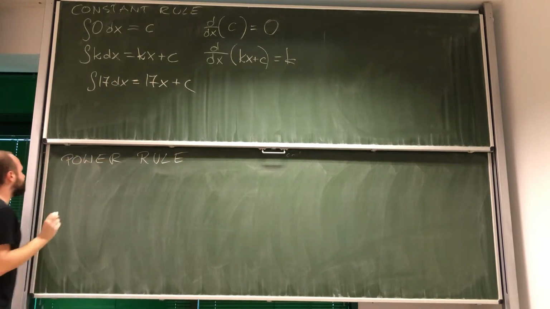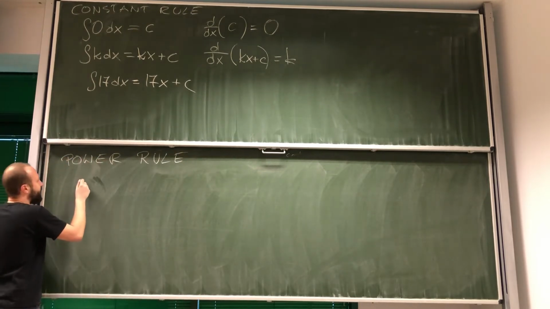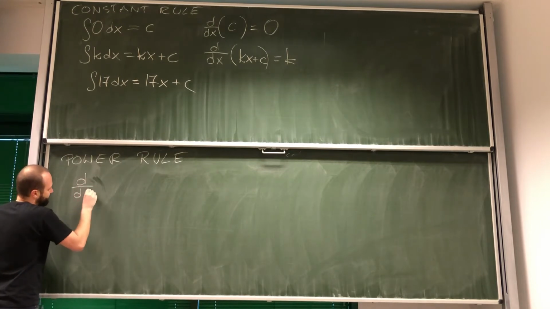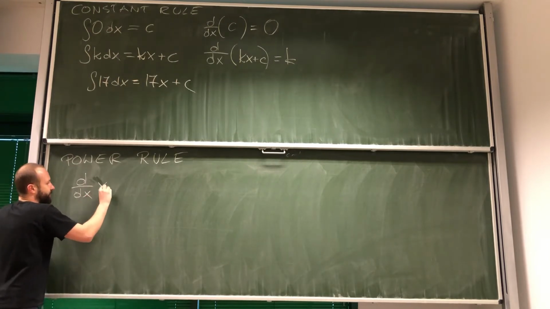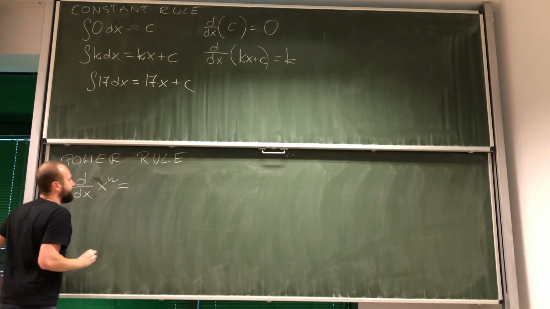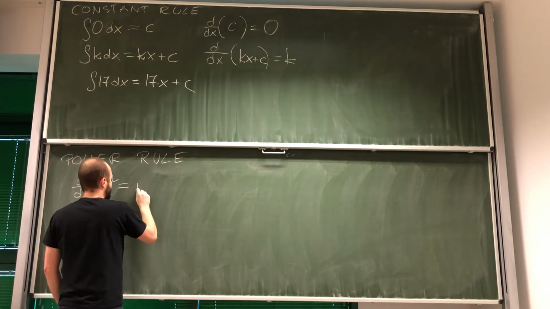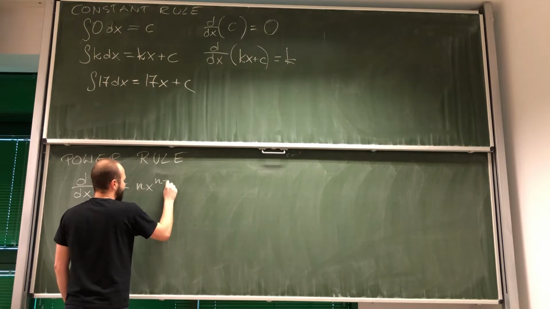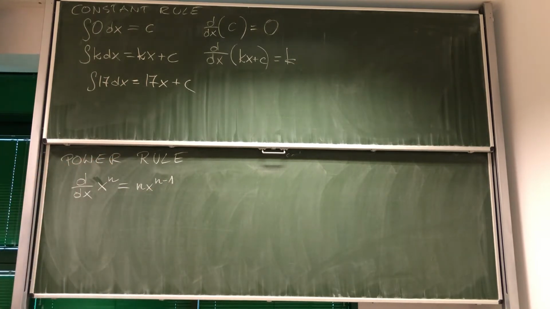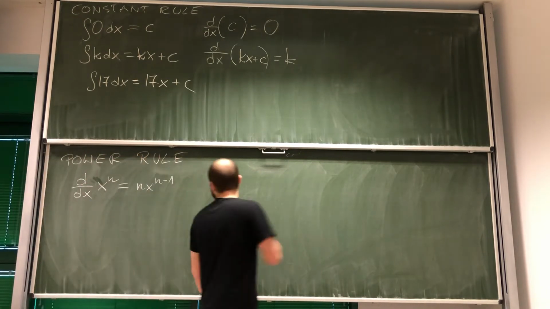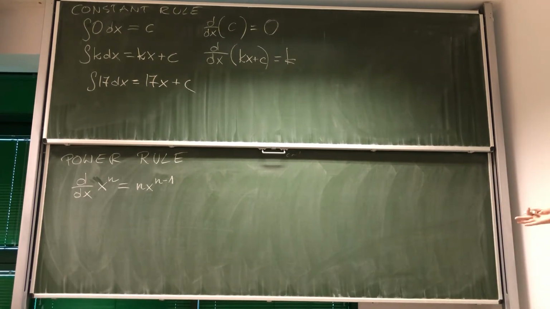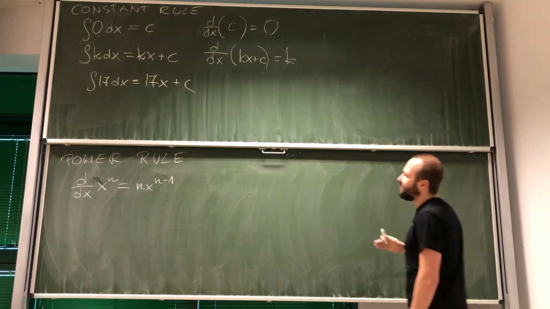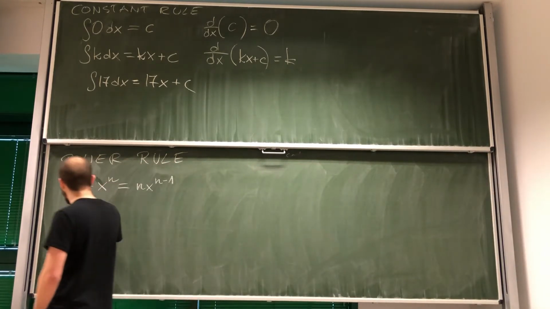Okay, let's start by remembering what the power rule for differentiation looked like. We had that derivative of x to the power of n is equal to n times x to the power n minus 1. Okay, so look, this actually allows us to figure out what we should do in the case where I want to actually do the opposite.